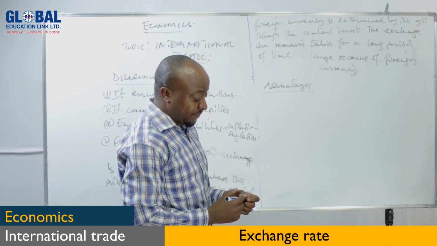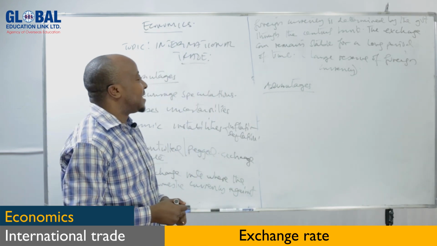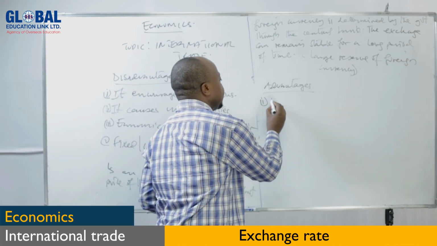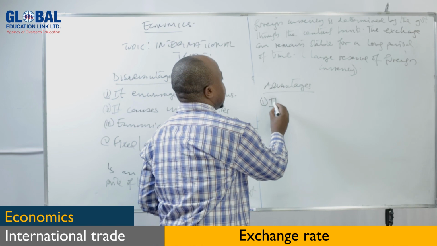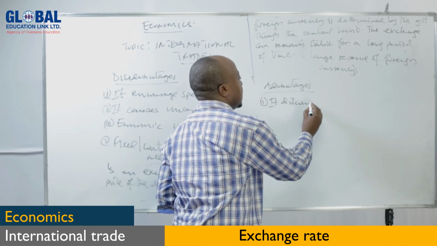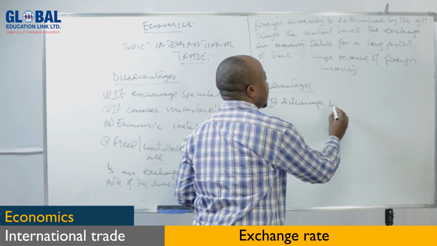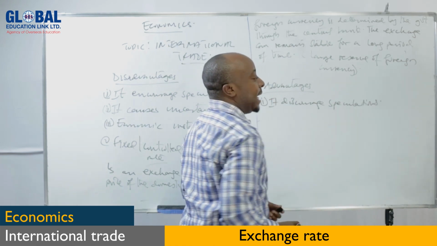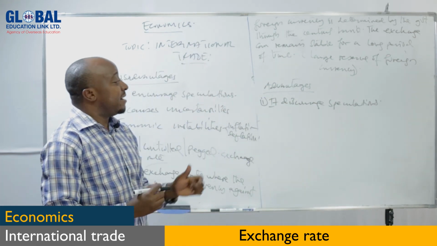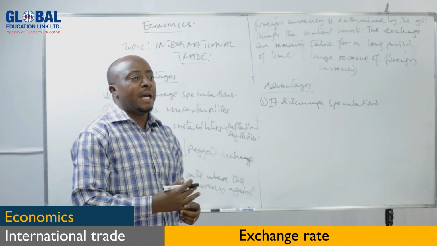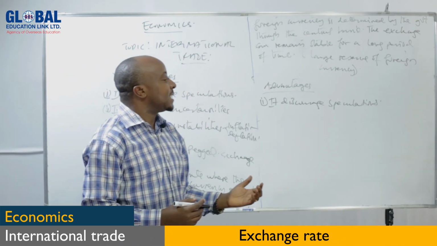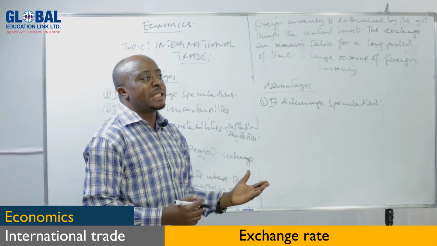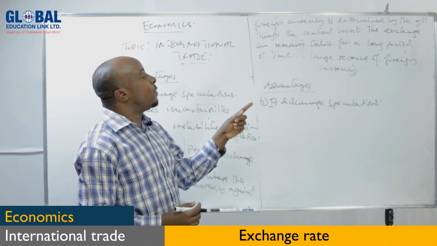Advantages of this system. One of the advantages is that it discourages speculation. Because we said the exchange rate can be stable for a long period of time, it is not easy to find speculators speculating because you are not sure when the exchange rate is going to change.